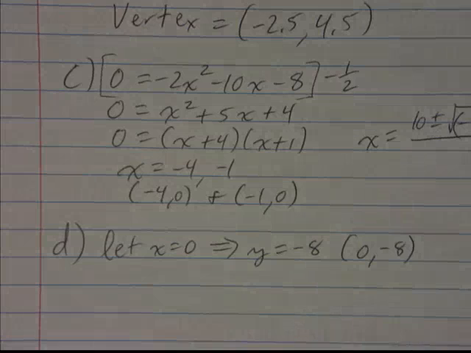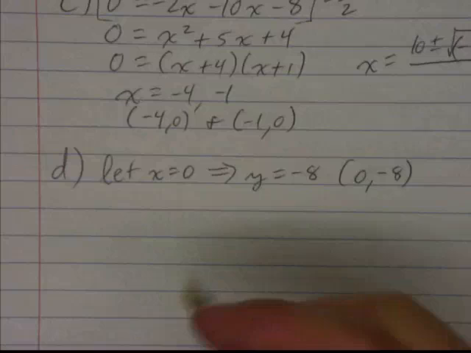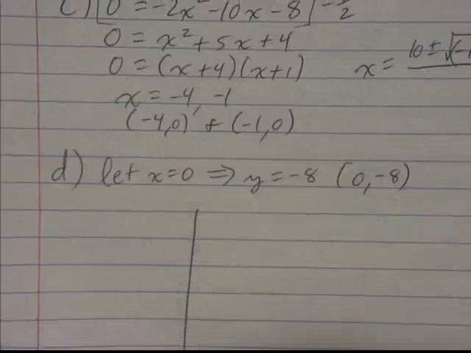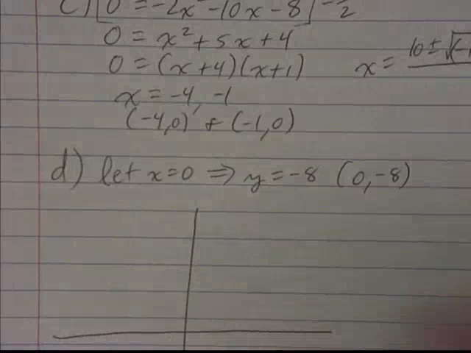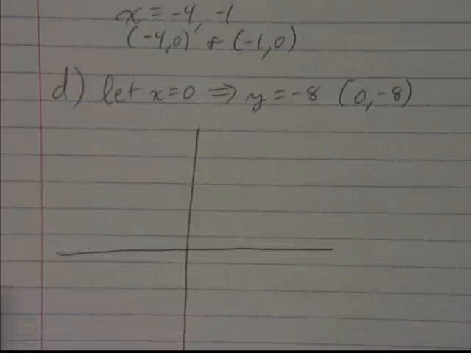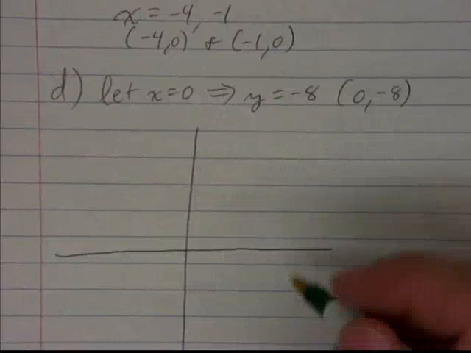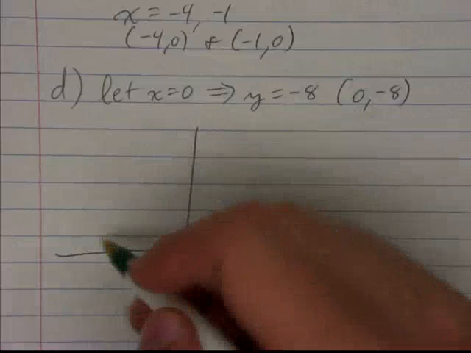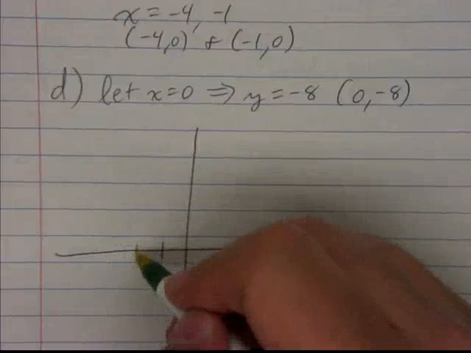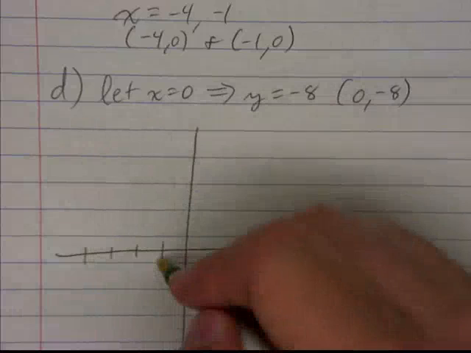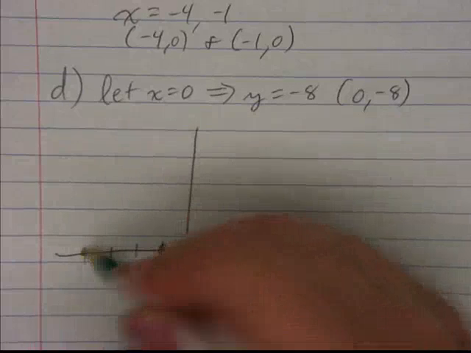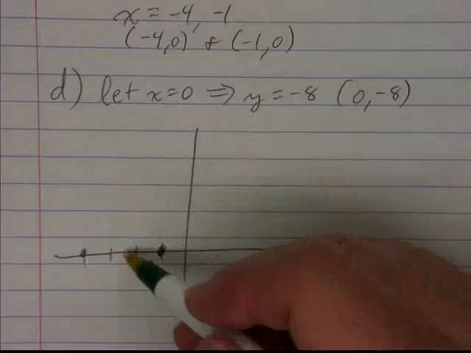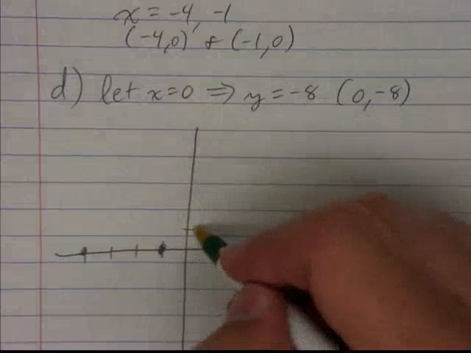And then you want to do a quick graph of this equation. We have x-intercepts at negative 1 and at negative 4. We have a vertex at negative 2.5 and 4.5.